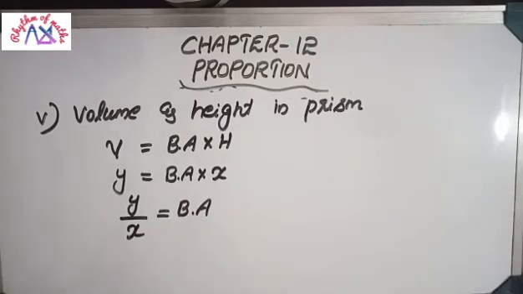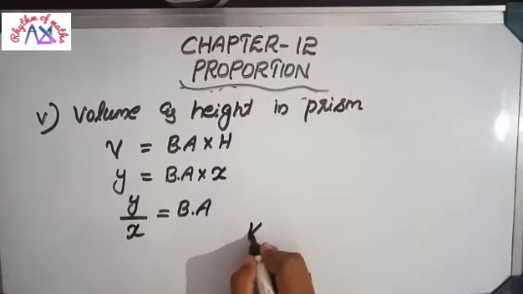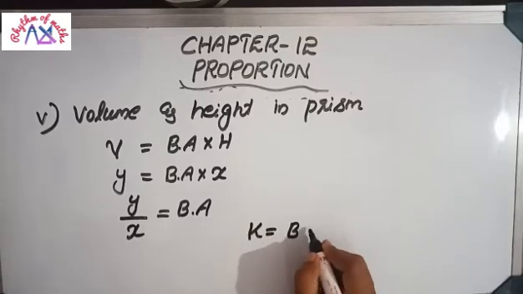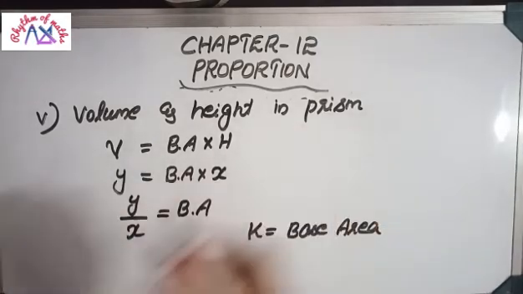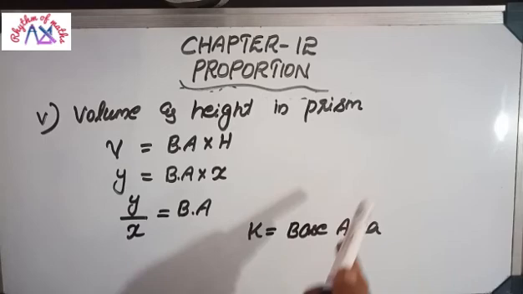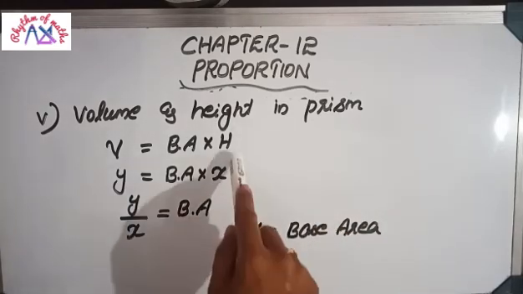It is in proportion because y by x gives the base area. The base area is the constant of proportionality, k equal to base area. The base area of the prism will be fixed, whatever the shape of the prism.